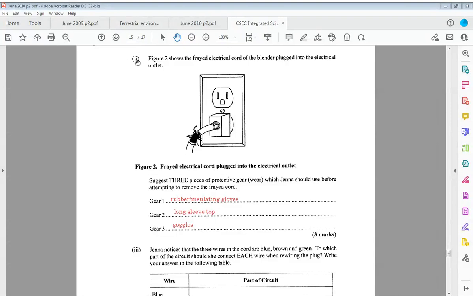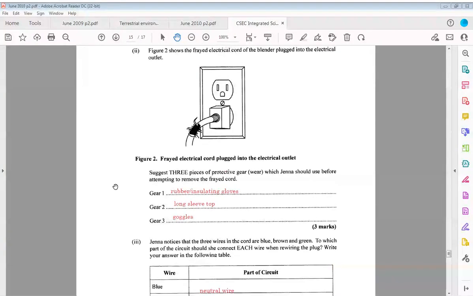So part two, figure two shows the frayed electrical cord of the blender plugged into the electrical outlet. Suggest three pieces of protective wear which Jenna could use before attempting to remove this frayed cord. So I would say the first thing for sure is to use rubber insulating gloves. Two, she should wear some sort of long sleeve top.